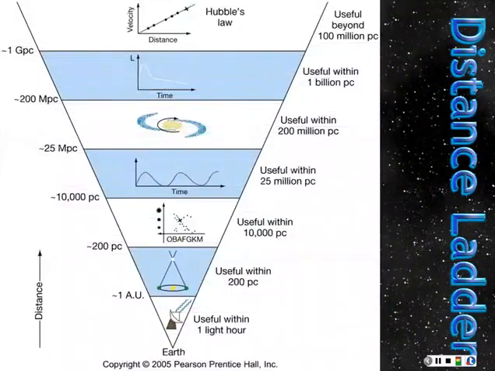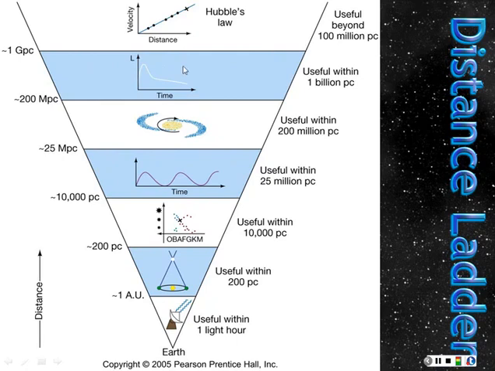Okay, so now we've got that we can use radar ranging within the solar system, and then parallax takes us out to our local area within our galaxy, and then we've got main sequence fitting and Cepheids, which take us out a bit further, and then we've got the Tully-Fisher relation and the supernova light curve, which takes us out to 1 billion parsecs. And then we can use all of these to get Hubble's law.